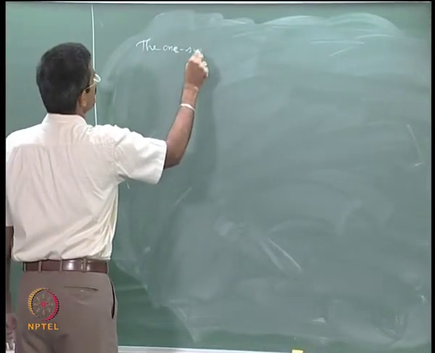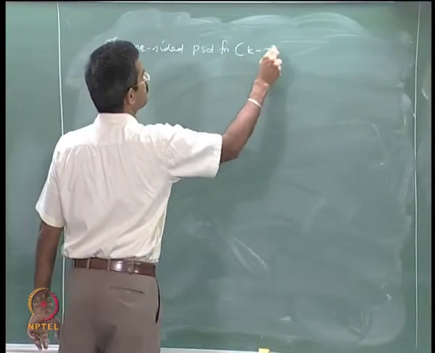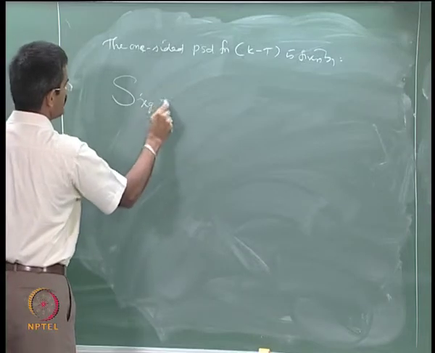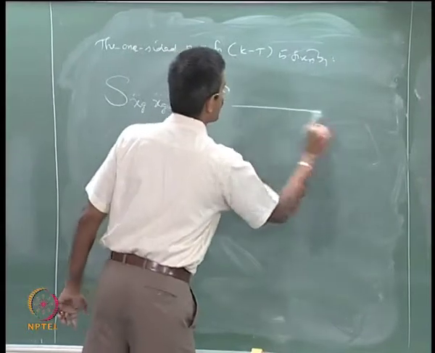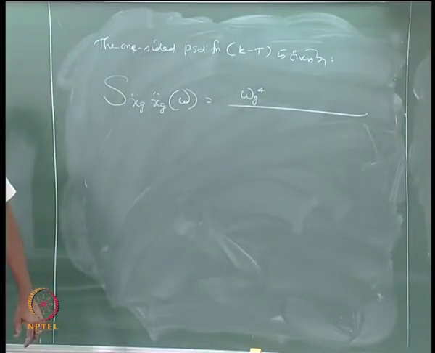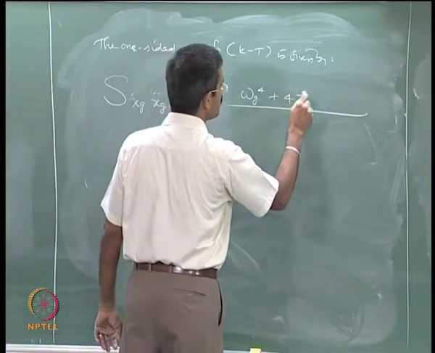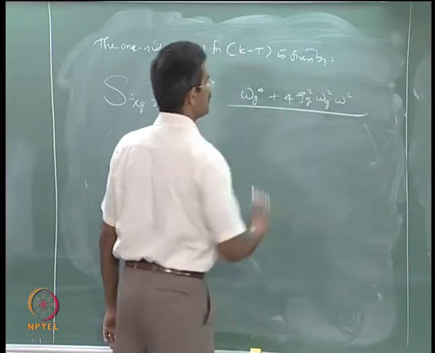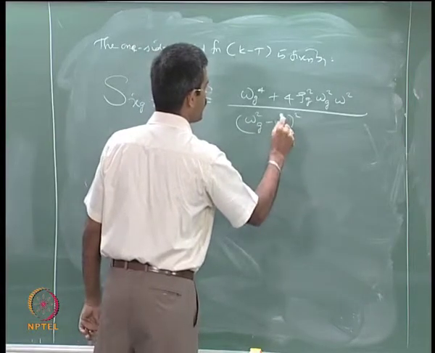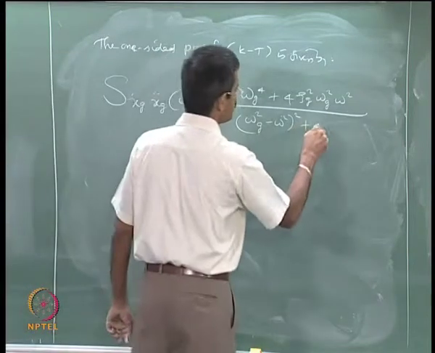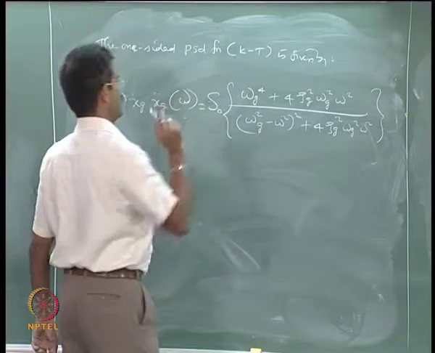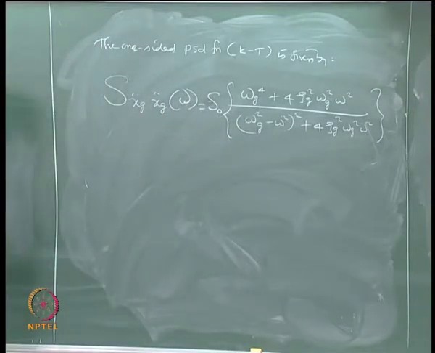The one-sided power spectral density function of the KT spectrum is given by equation number 4.